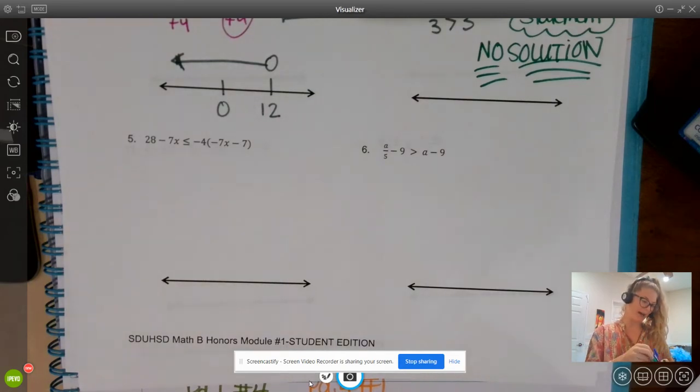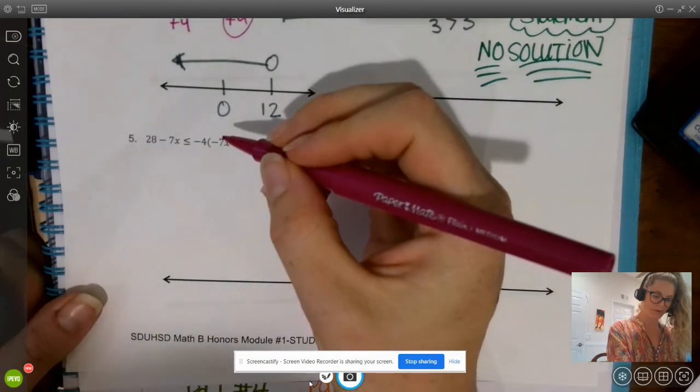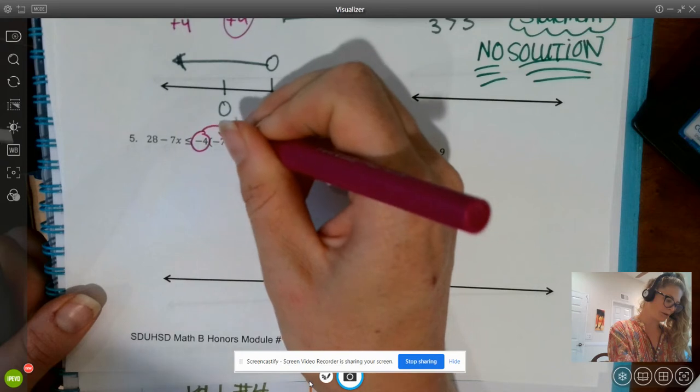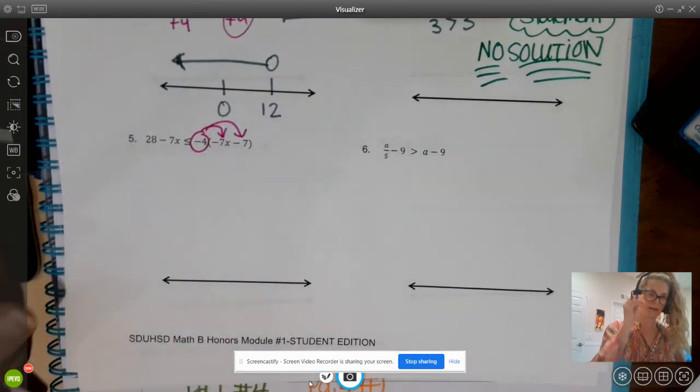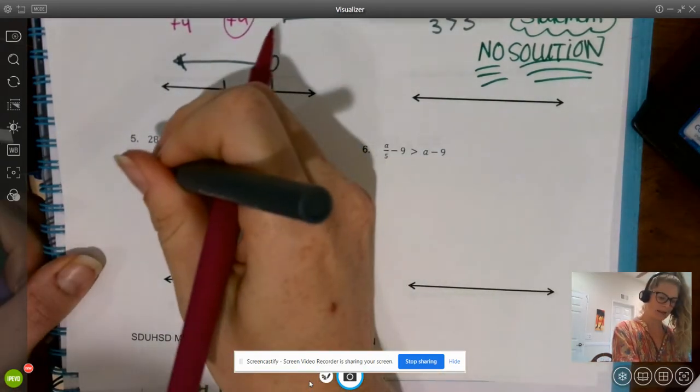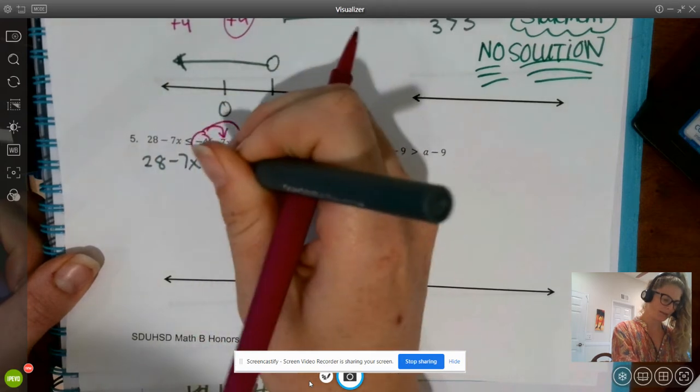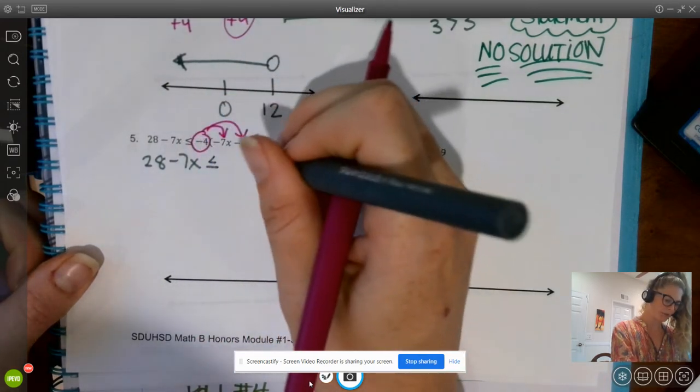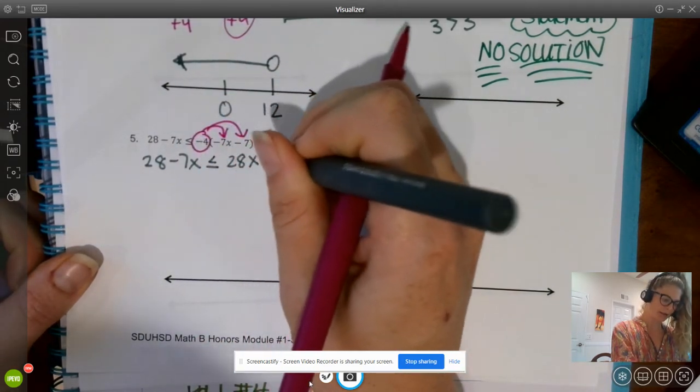Okay, number 5. Taking a look here, I'm going to distribute my -4. Notice I like to circle the negative when I'm distributing it just so I don't make a silly mistake. 28 minus 7x is less than or equal to 28x plus 28.